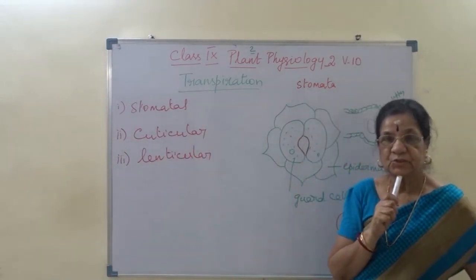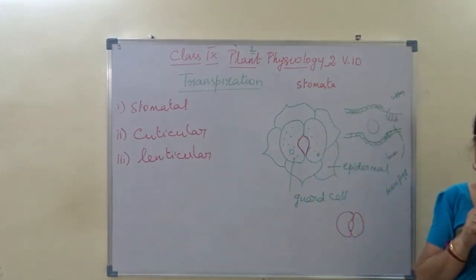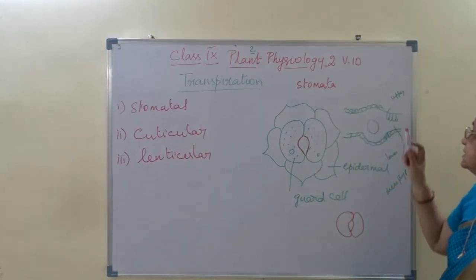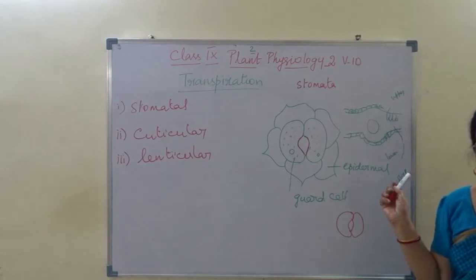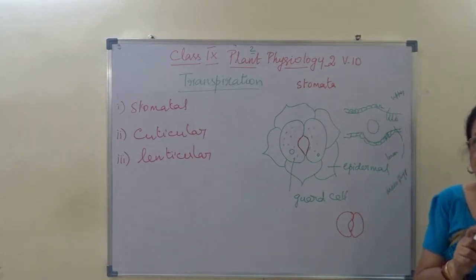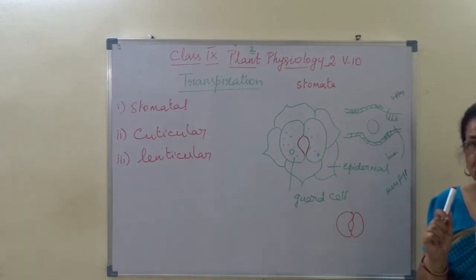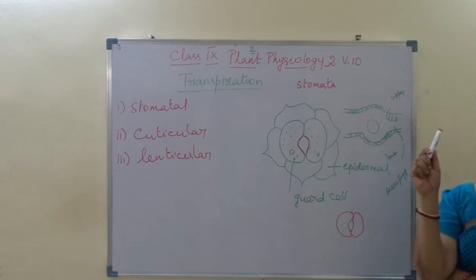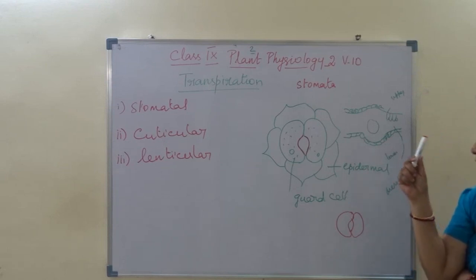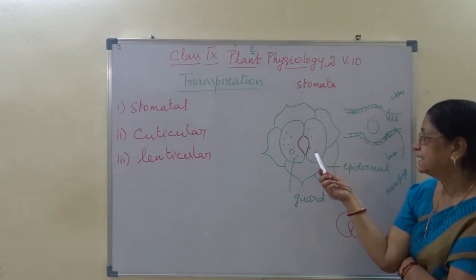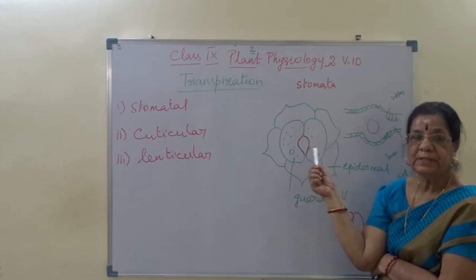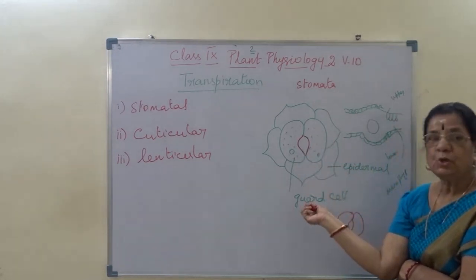What have I said about the structure of stomata? It is present on the leaf as upper and lower epidermis. More stomata will be seen on the lower epidermis than the upper epidermis. What is the structure of stoma? Stoma singular, stomata plural. Stoma has a pair of bean-shaped cells called guard cells.